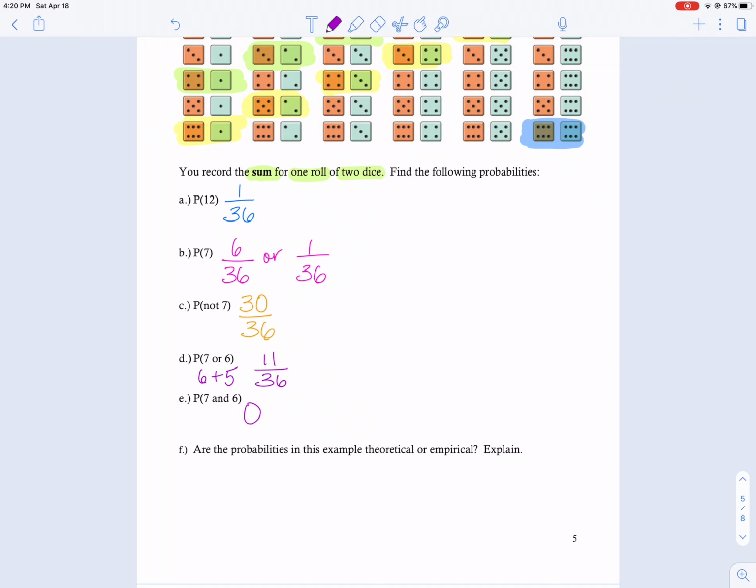This is definitely theoretical. This is based on a sample space.